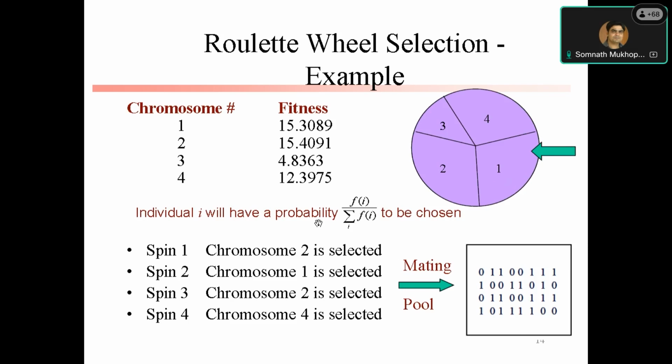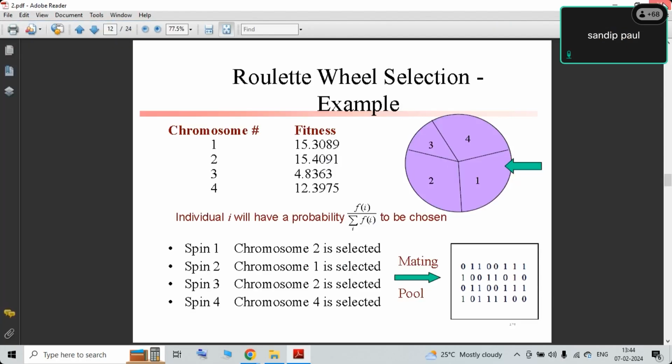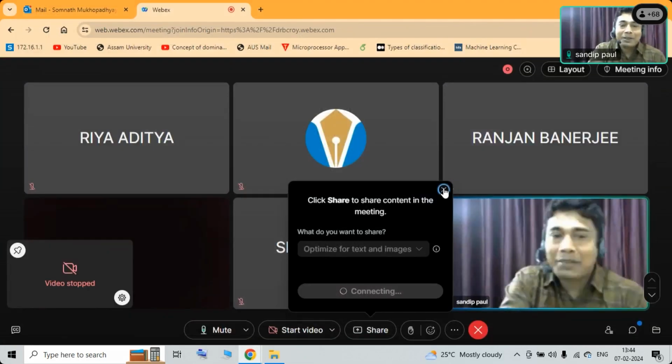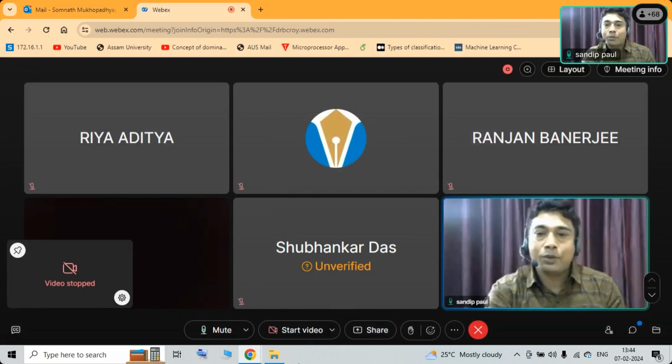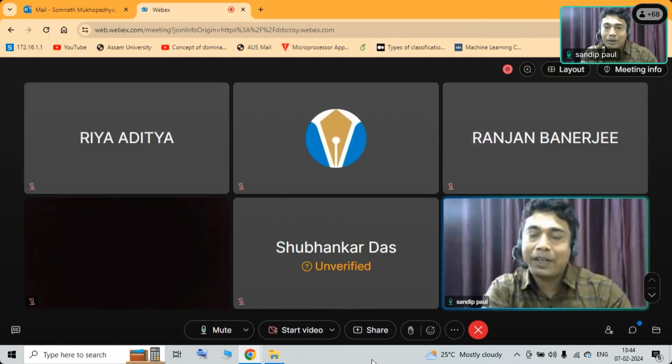Fi is the fitness value of a particular ith chromosome, and the sum is over all i. So this division is the amount of area it covers. Here maybe it is not actually probability. Yes, it is the proportion of the areas. Proportion is a better term. Yes, thank you for this suggestion. I appreciate it. Thank you, sir.